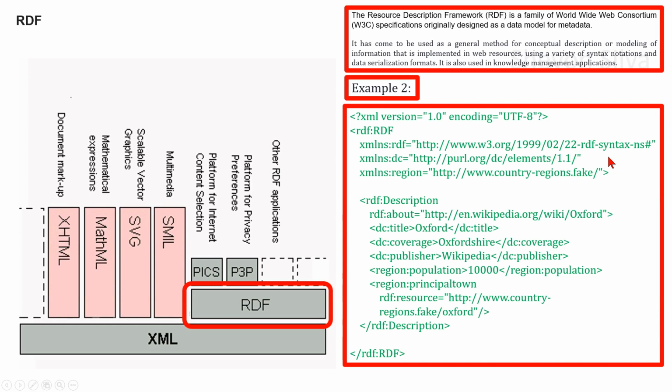This namespace tells any machine reader that the enclosing document is an RDF document and that the RDF tag resides in this namespace. This namespace and the RDF node form the root of all RDF documents.